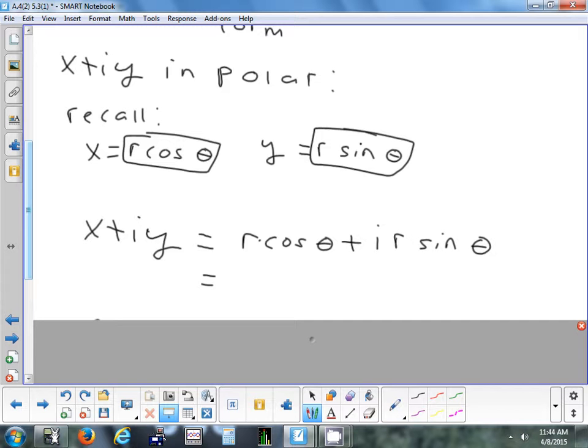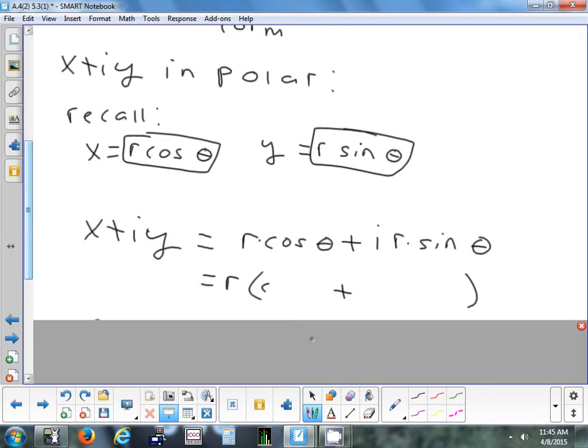What's a common factor in the first term and the second term? Theta is an argument to the trig function, so it's what the trig function is multiplied by. R. R is a common factor in each term. So when we have something that's in common, we can take it out and put it on the outside. What would I be left with if I factor R out from the first term?